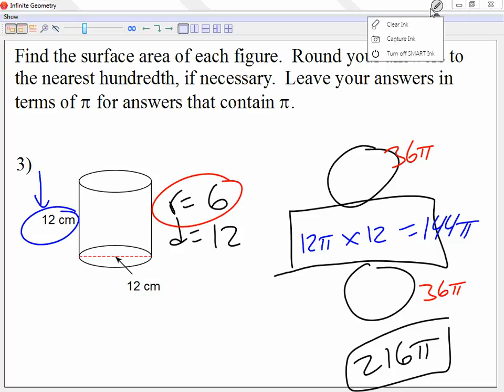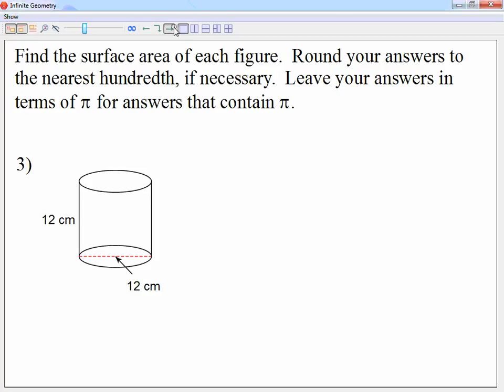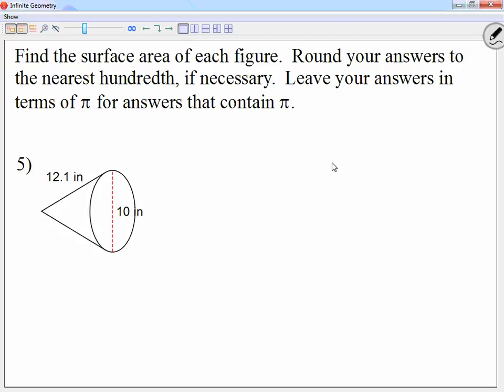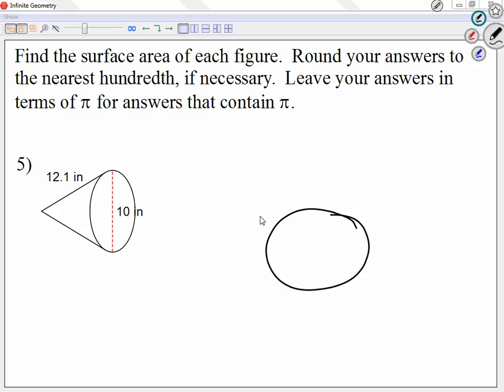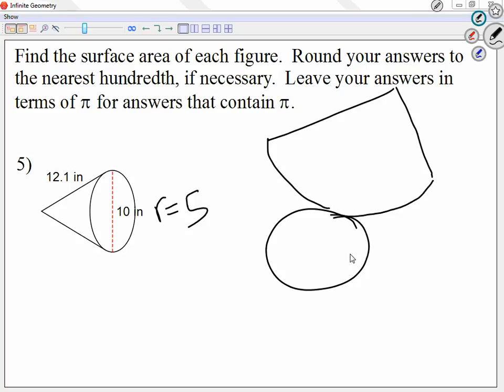Now the cone, let me see, where's the cone? Right there, number 5. A cone, I know it's a circle. The side breaks down to something like this. For cones, I only need the radius. I don't need diameter. What's the radius of that cone? 5. Good. Let me deal with the circle first.